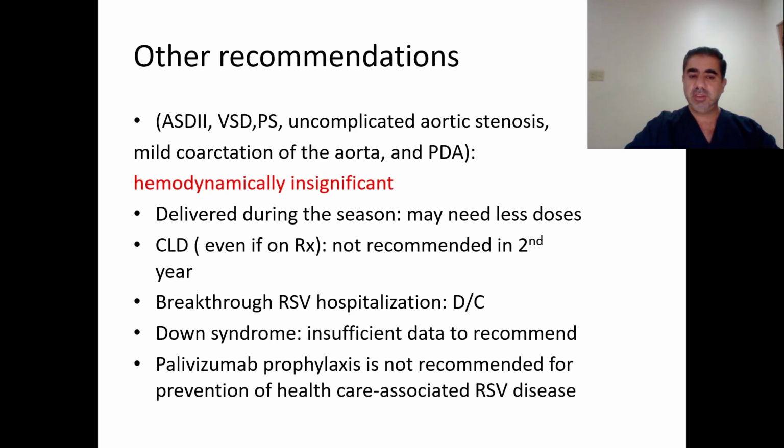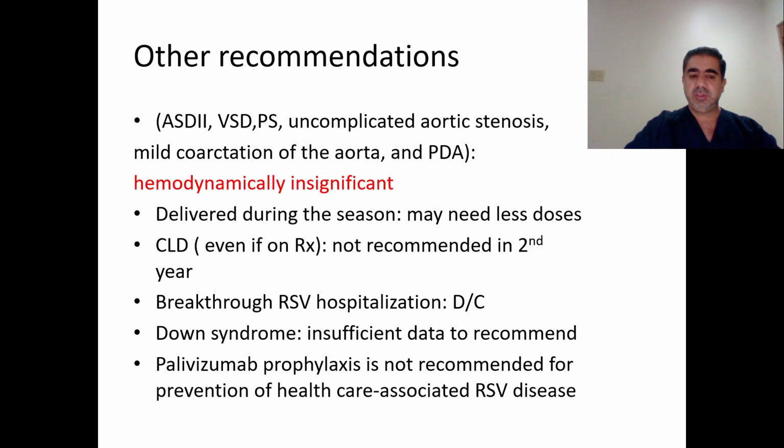Babies with chronic lung disease, even if on treatment, it's not recommended to give them in the second year of life. So in the first year of life only, even if they are receiving treatment.